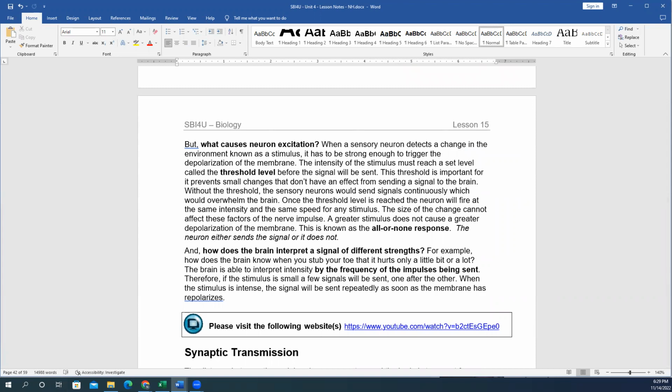So what will cause this excitation in the neuron? When a sensory neuron detects a change in the environment, we call this change a stimulus.